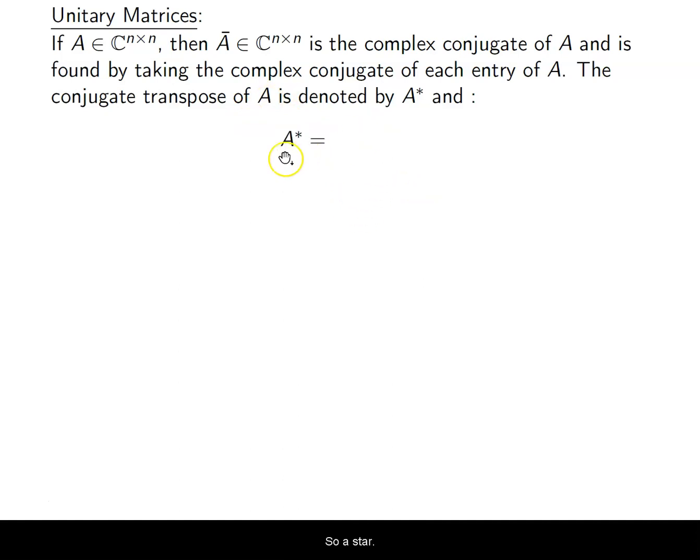So A star is A bar transpose, the complex conjugate transposed, or you transpose and then take the complex conjugate of A transpose. These mean the same thing in different order: here you conjugate first and then transpose, or equivalently, you transpose first and then conjugate.